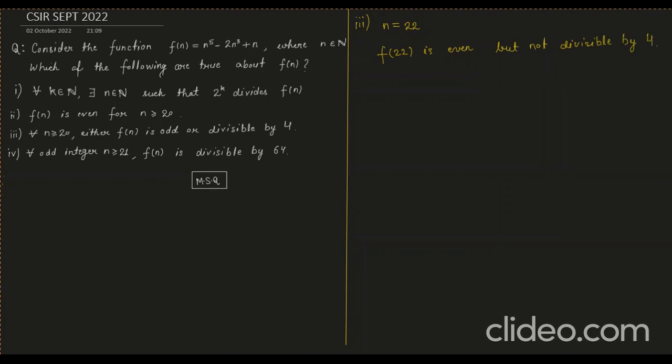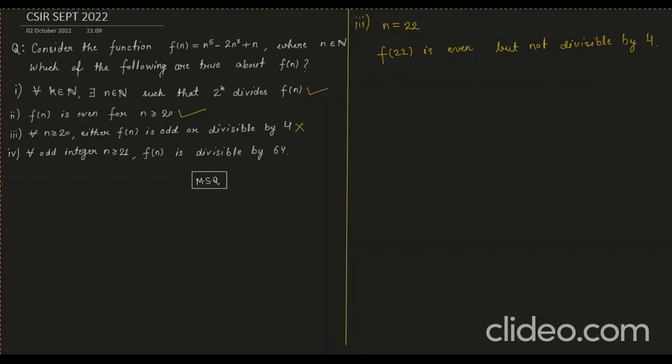It is a very easy exercise to verify. So you can verify that f22 is even but it is not divisible by 4, and hence the first option is correct, second is correct, but the third option is incorrect.